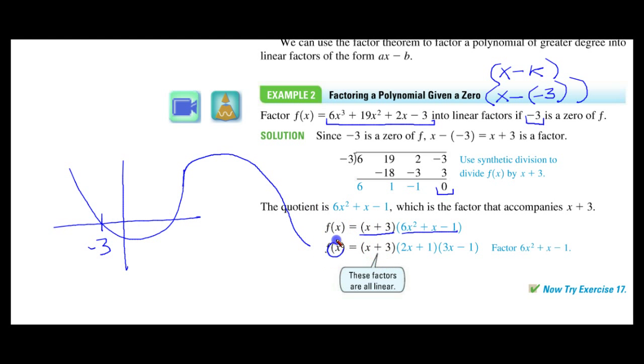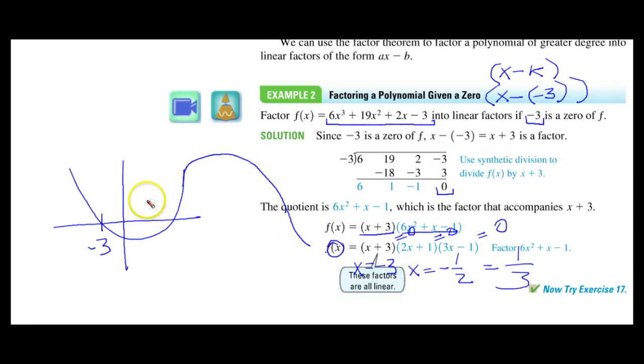And if this part equals 0, and we could factor that, each of these factors would equal 0. One of them is x equals -3, and this one is x equals, we transpose that, -1/2, and this one is going to be +1/3.